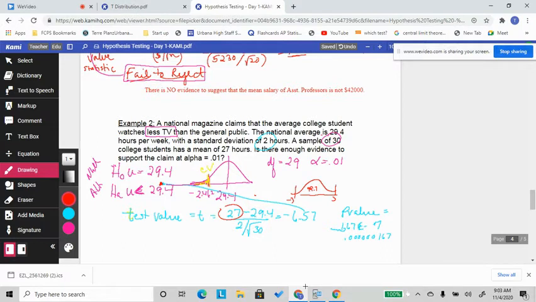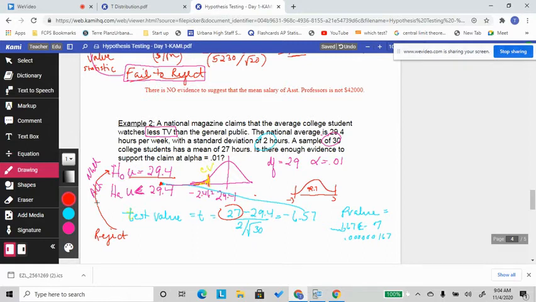Yes. So we're going to say reject. We always reject the H0. The H0 says it is 29.4. So we're going to say that there is strong evidence, because look how far down we are. There is strong evidence to suggest that college students do not watch 29.4 hours.